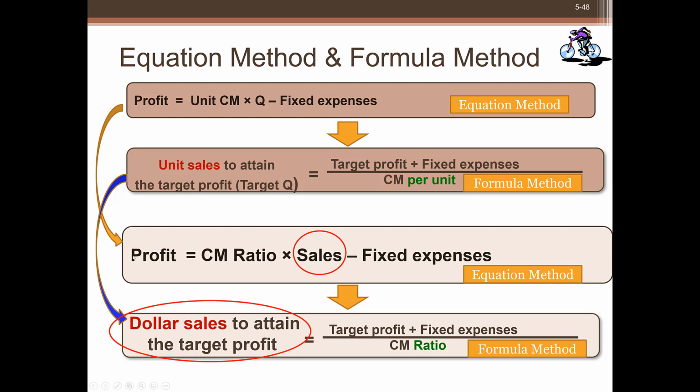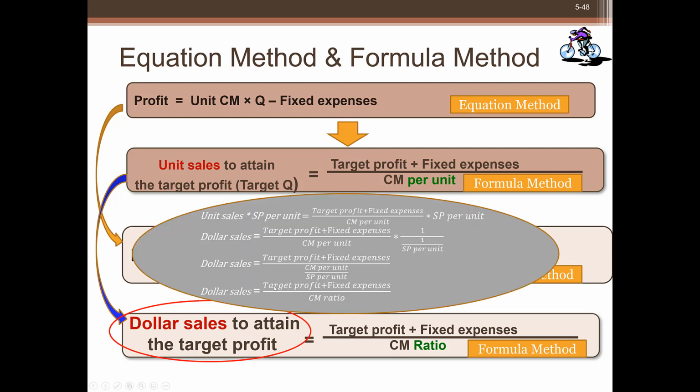From the second equation to the fourth one, here's the proof. For both the left-hand side and right-hand side of the formula method to calculate unit sales, we multiply by selling price per unit. And then for the left-hand side, unit sales times selling price per unit is dollar sales.